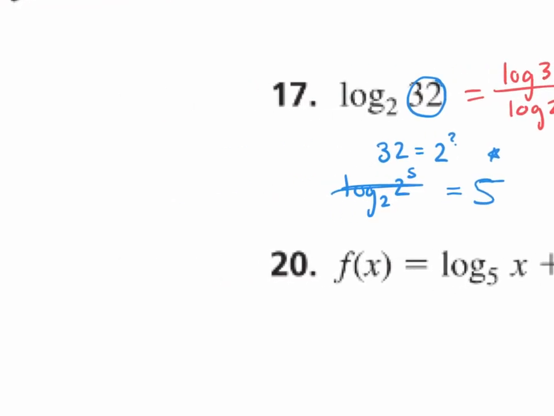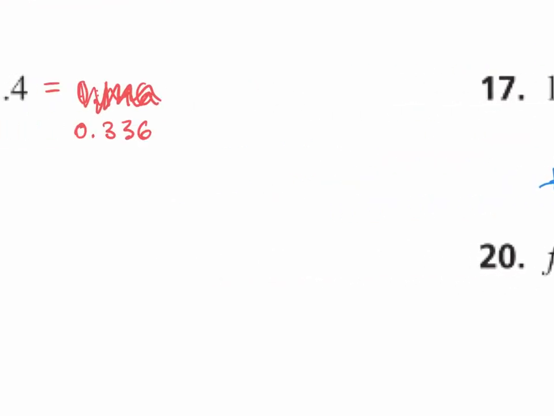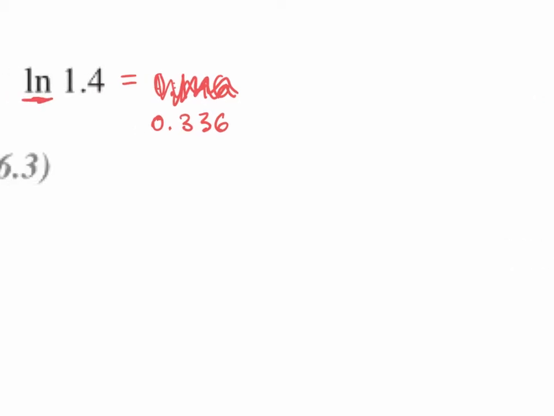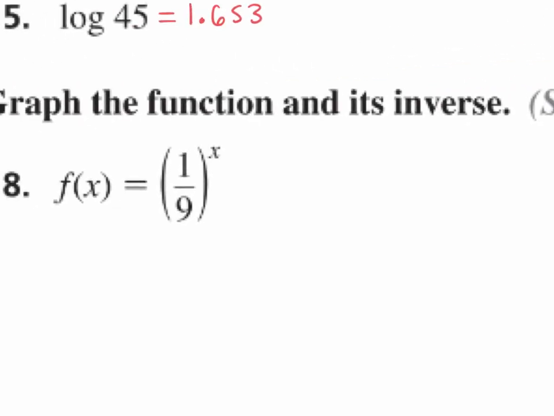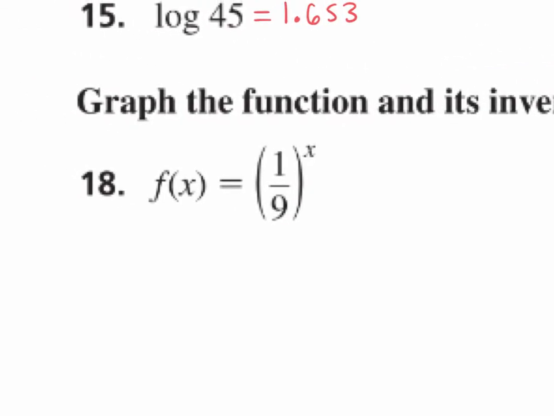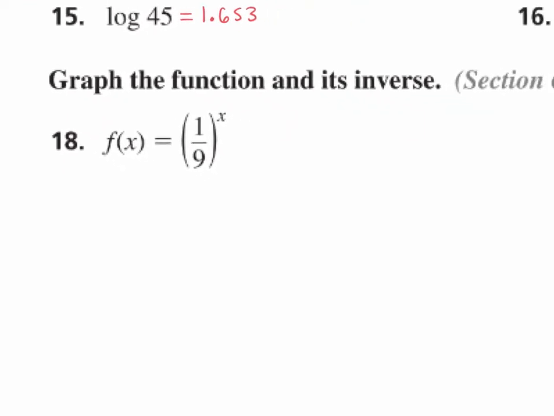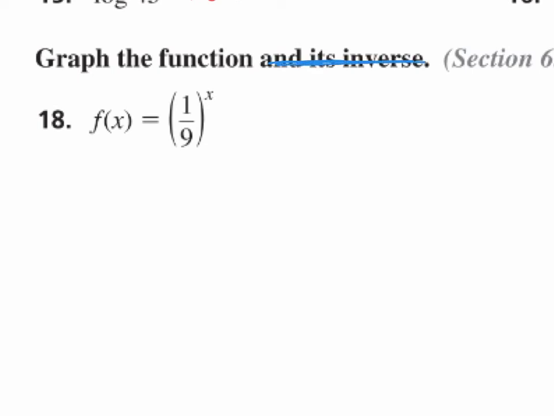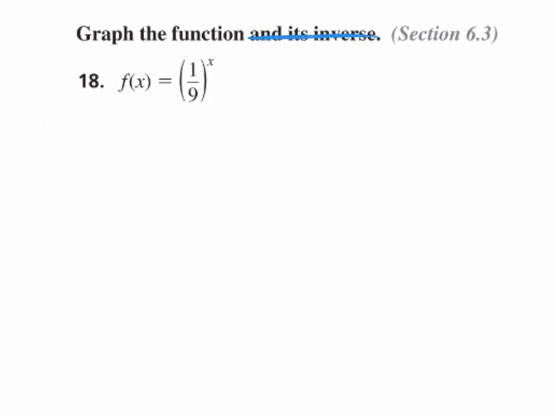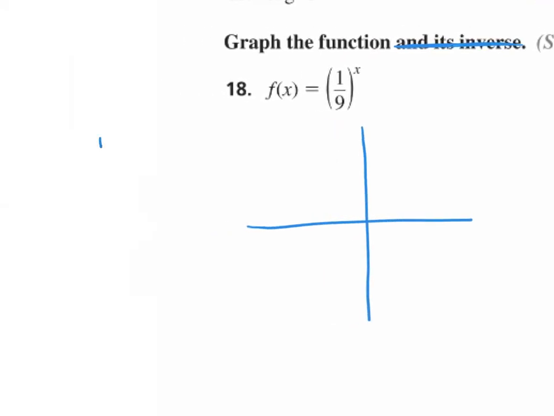All right, let's look at 18. So for 18 and 19, we're graphing. We just have to graph the function. You don't have to graph the inverse. So for our exponential function, we need 3 points for our graph. For log functions, you only need to plot 2 points.